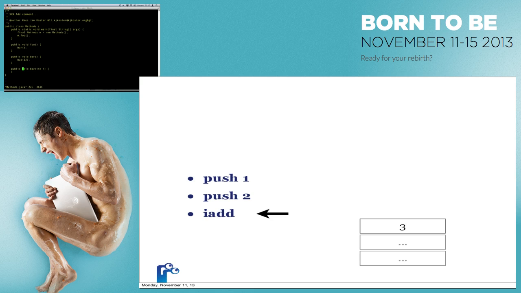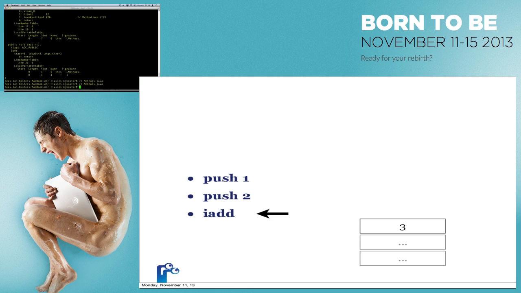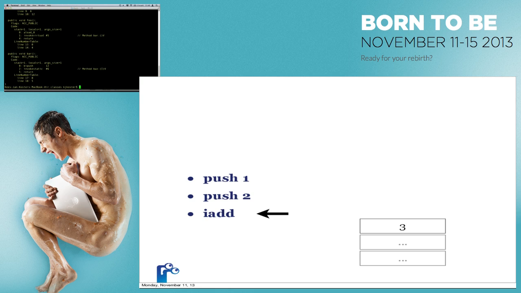If I make this one static, can you make it private as well? Does it matter? I can make it private. Private static void baz. So now baz is private. It looks like it's been optimized away.